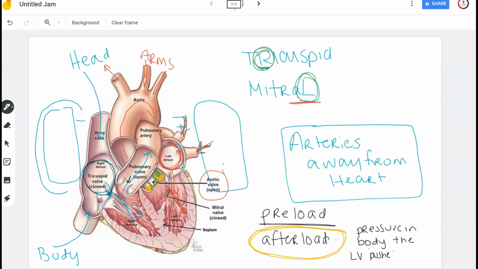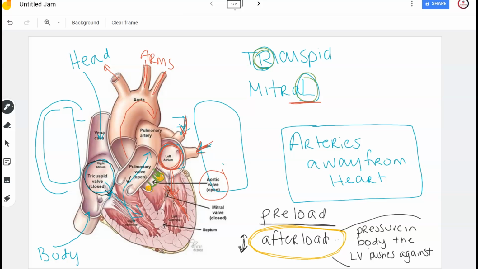Okay? So, when we give a medication like norepinephrine, where it constricts all of the blood vessels in the periphery, that's increasing the afterload. If you have a disease process such as anaphylaxis, where it dilates all of the blood vessels, that's going to plummet the afterload.